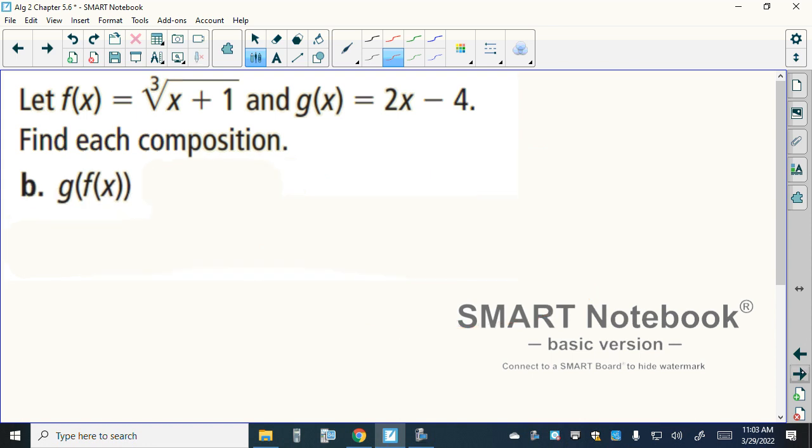g of f of x. Well, I'm going to start out with g of. We could write f of x at this point and then replace it. Or we can just go on and replace f of x with its function, which is the cubed root of x plus 1.